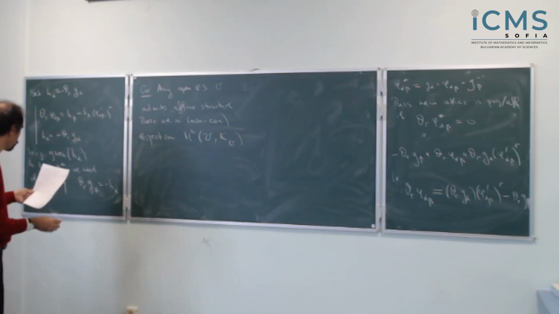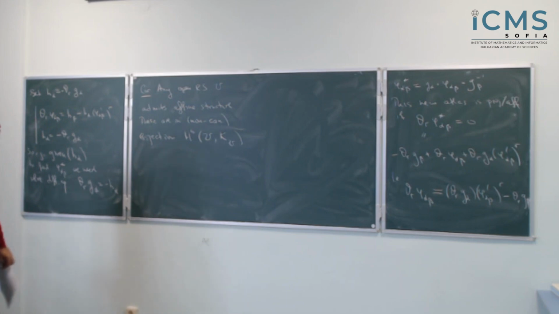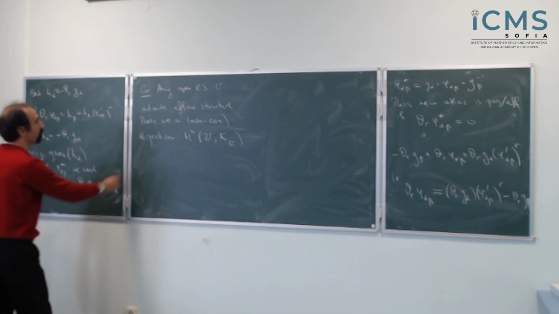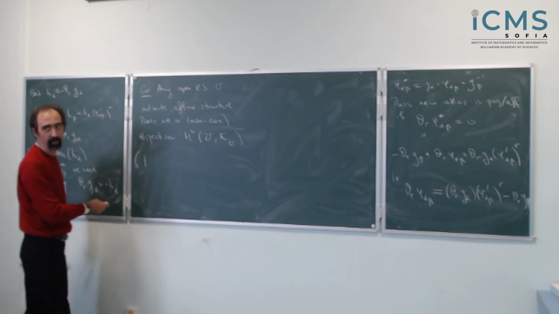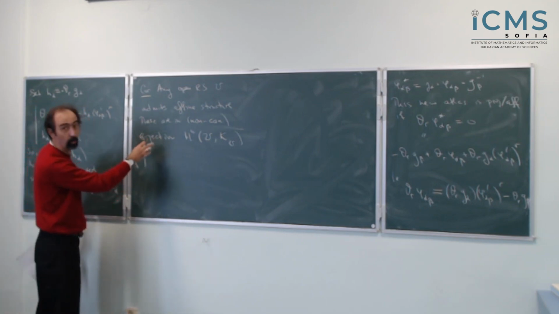So we have a kind of local statement, right? Why is this true? Because h1 of k is 0 on an affine.